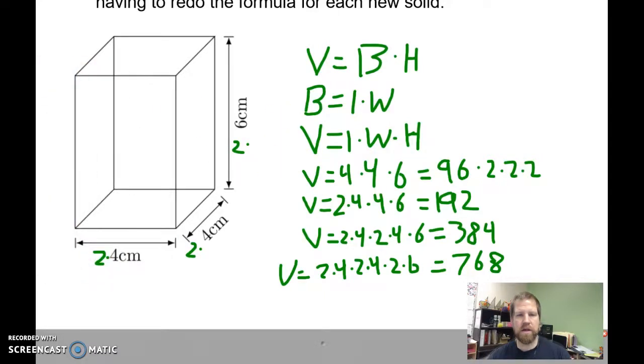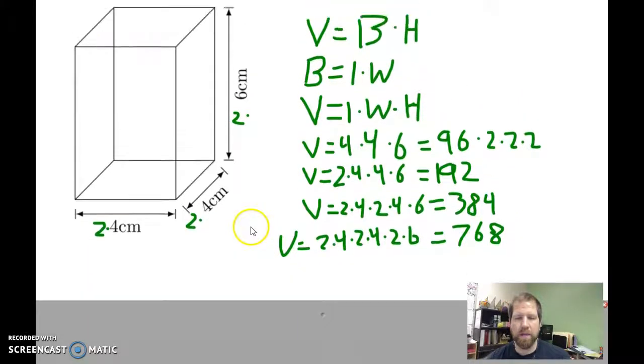Great, so that looks like we have that figured out. In a rectangular prism, in a triangular prism, whatever we multiply by to increase our side length, in this case we multiplied by 2, and then 2 again, and then 2 again, is what we're going to multiply our volume by.